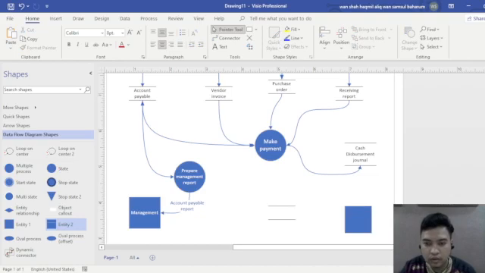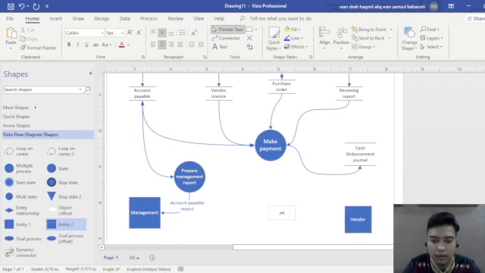So this will be named the vendor, and this will be named paid invoice.